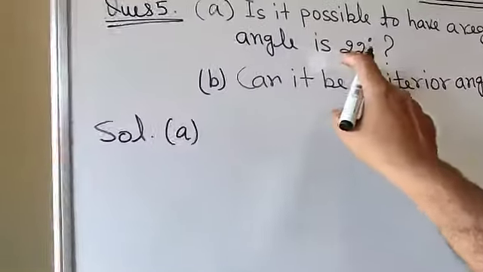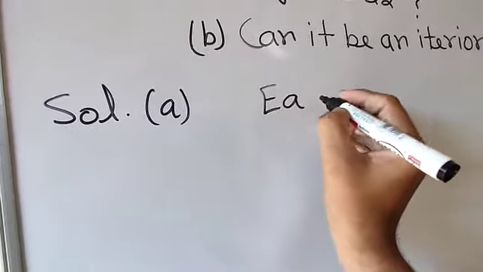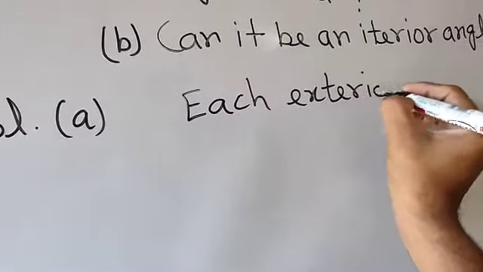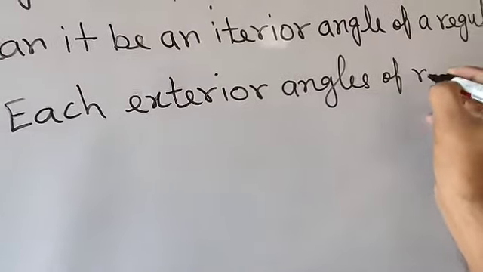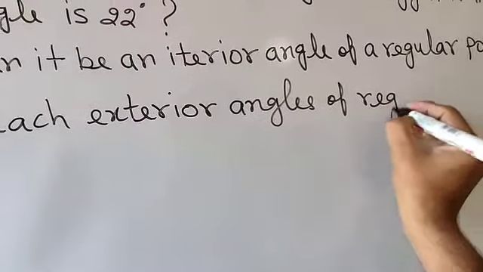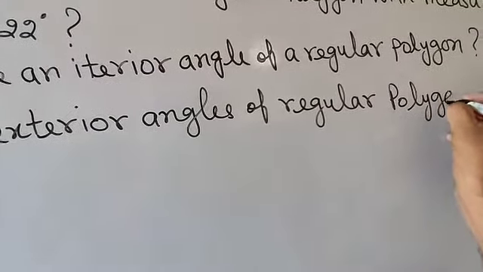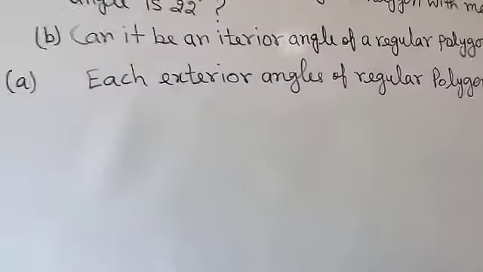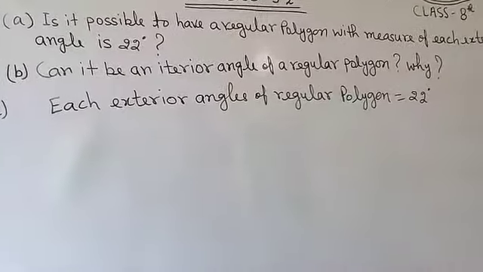It is given in the A part that each exterior angle of the regular polygon is equal to 22 degrees. So we need to check whether this type of regular polygon is possible.